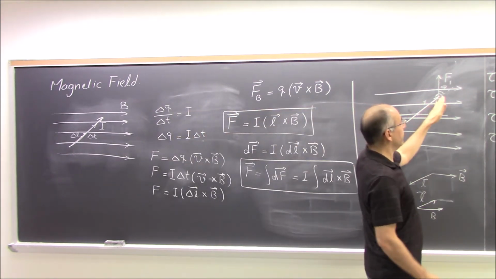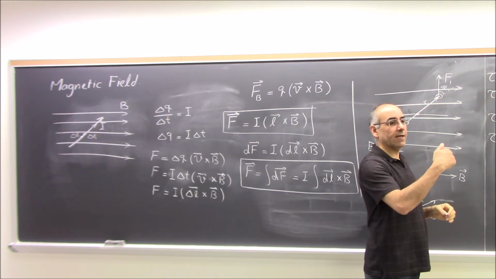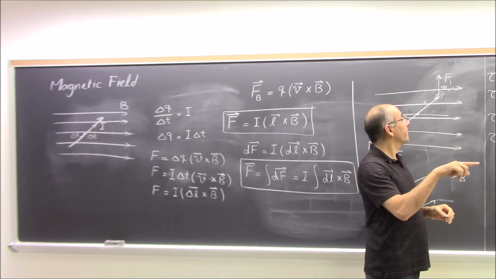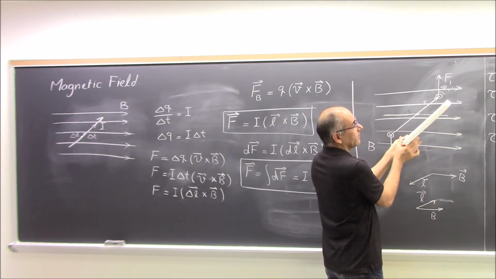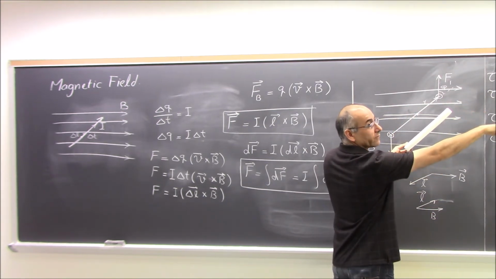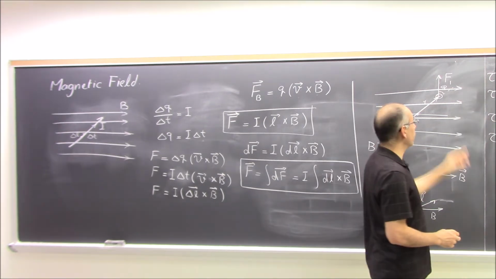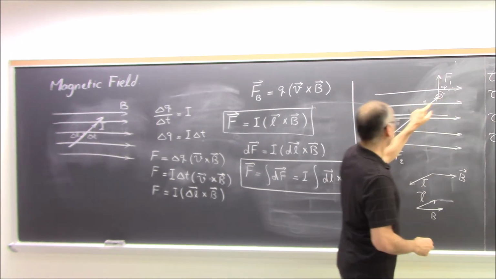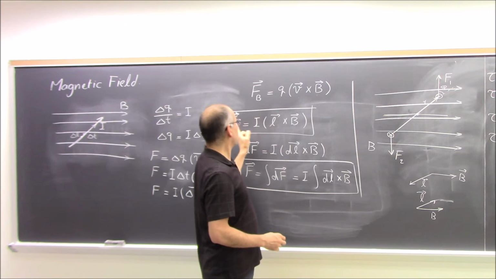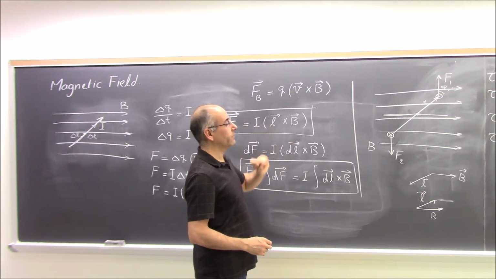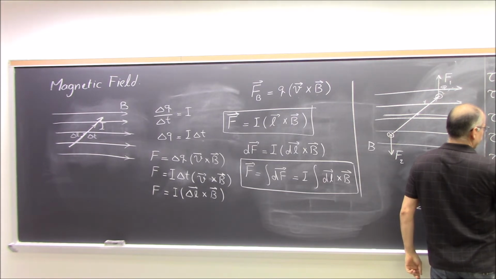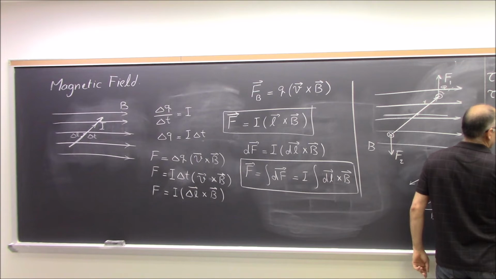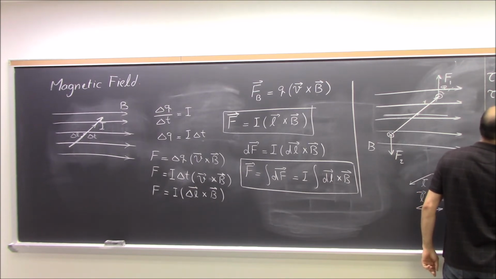And what is the angle between that side and the magnetic field? The angle between that side and the field is 90 degrees. So the force magnitude will be I L times B only. So F is I L B, so net torque is equal to I A B sine phi.